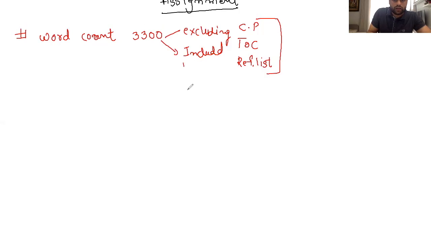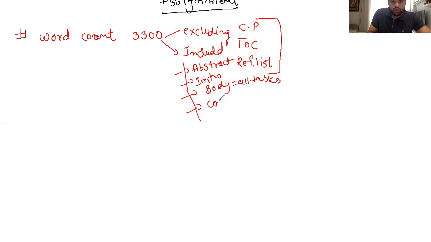So what does the word count include? If you have any abstract, introduction, your assignment body, meaning all tasks, and conclusion, these cover your 3,300 words.